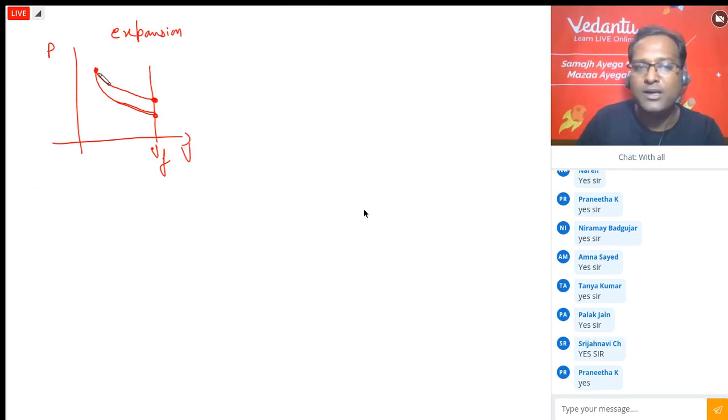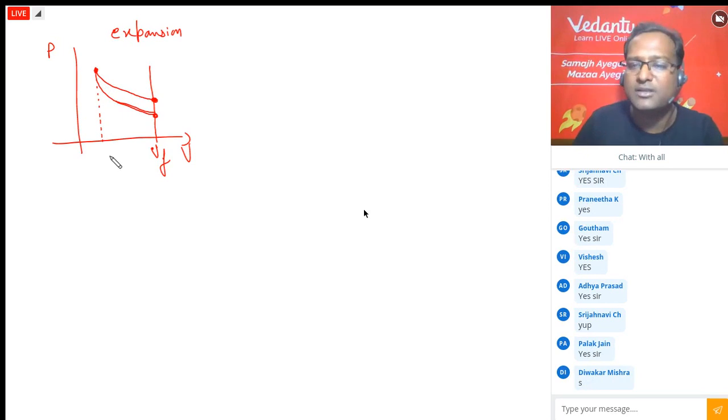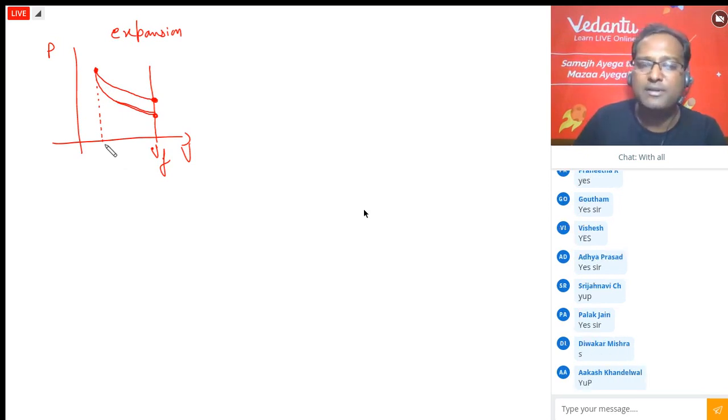Now, work done irreversible was greater than work done reversible. So which is the upper graph? Work done irreversible. This is expansion, right? We are lowering down the pressure.